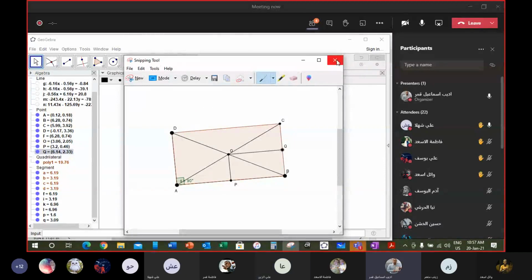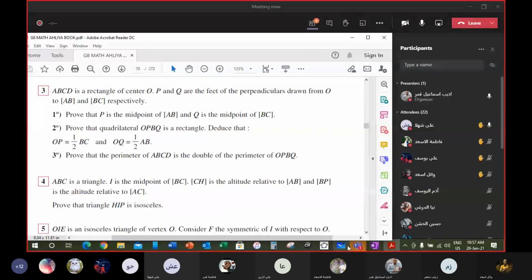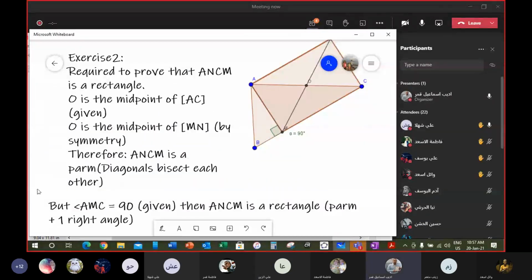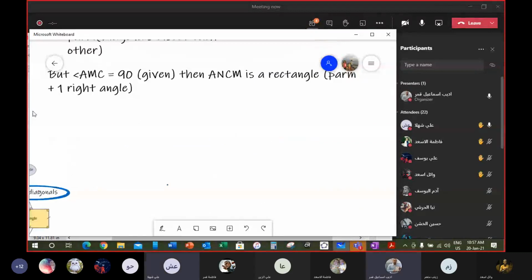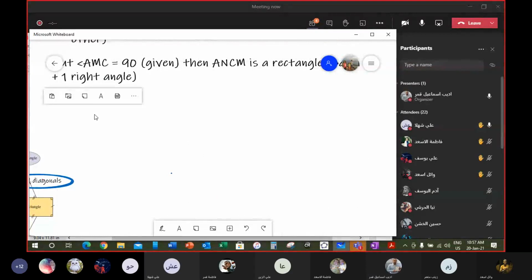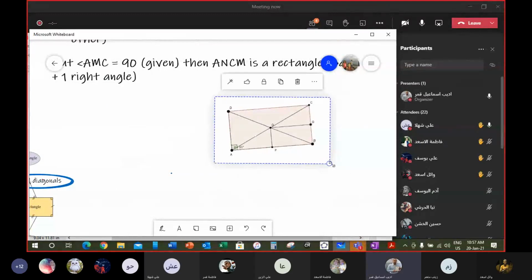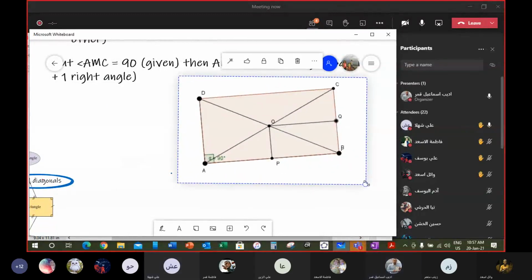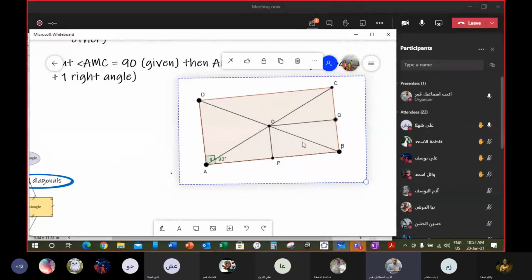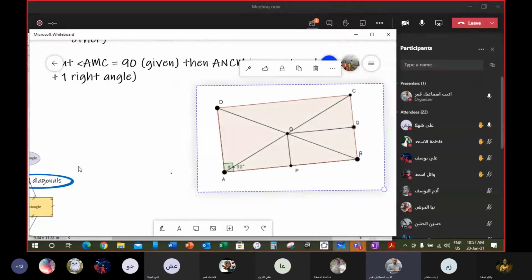Take it to the board. Okay. And prove that, as in part 1, this is exercise 3.